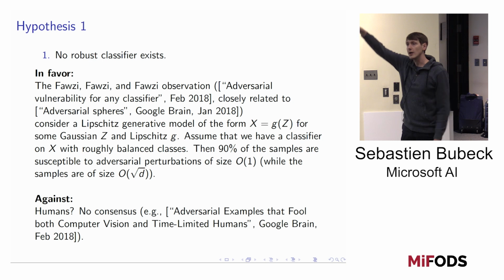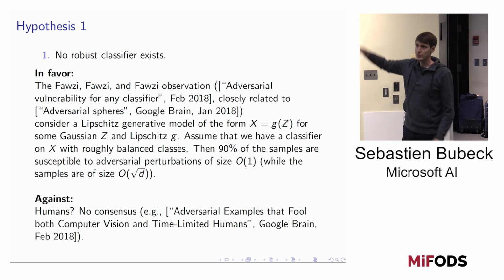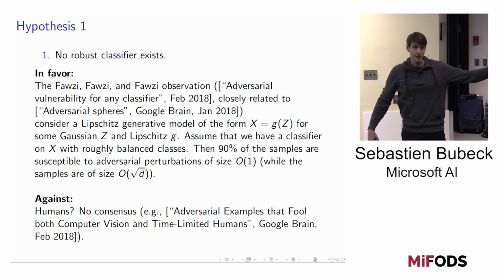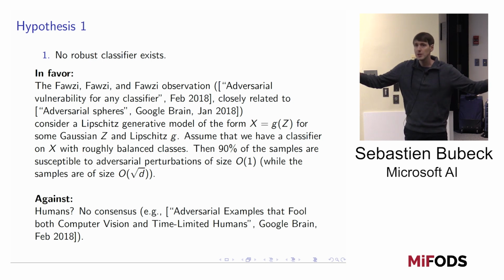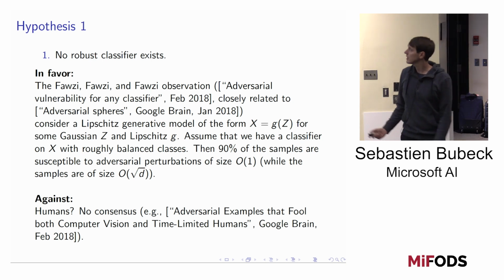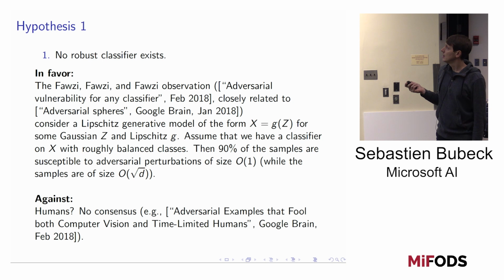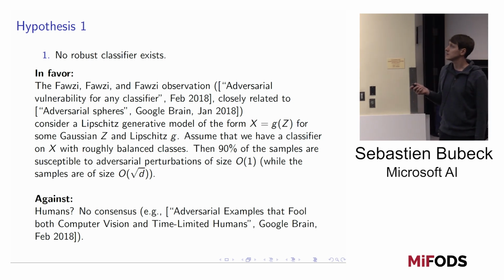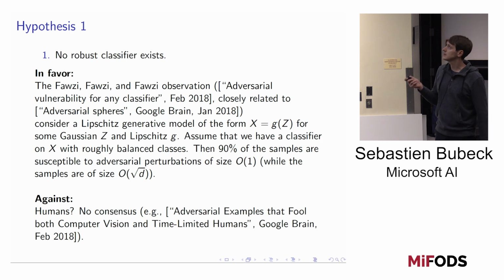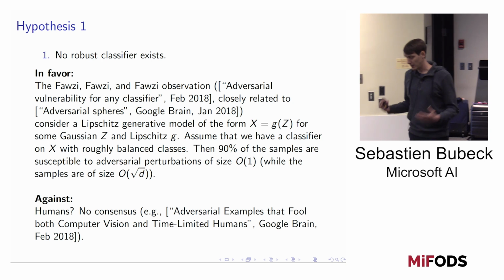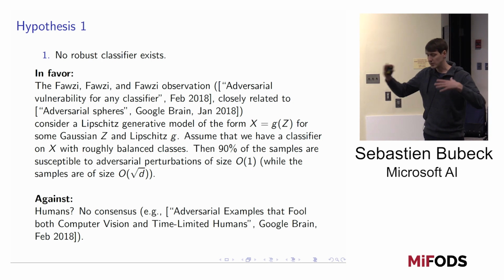I allow you some 1% error, so the optical illusion you can definitely put in the 1% error that humans make on typical natural images. And what I want to say also is that whether humans are proof that a robust classifier exists is really not clear, because it's hard to imagine the exponential power of trying all the possible perturbations.